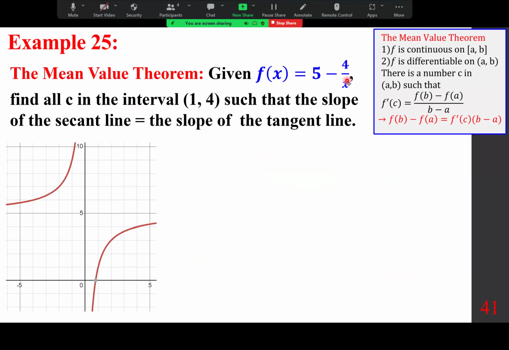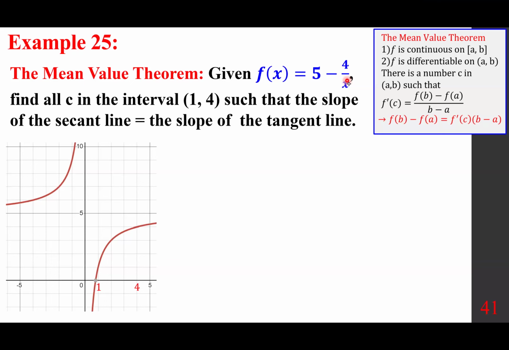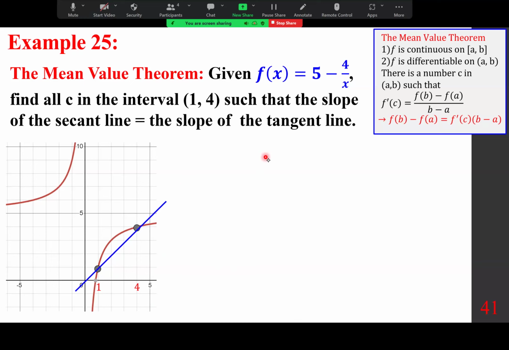You can even use a graphing calculator. So in the interval of 1 to 4, from here to here, we have this point at 1, this point at 4. And if we connect them, here's the secant line.